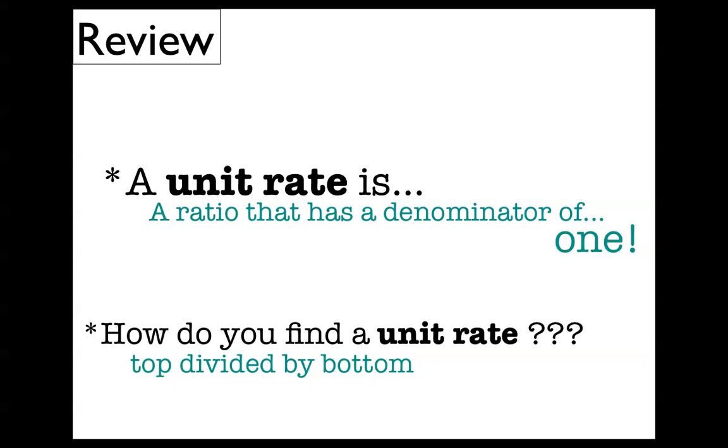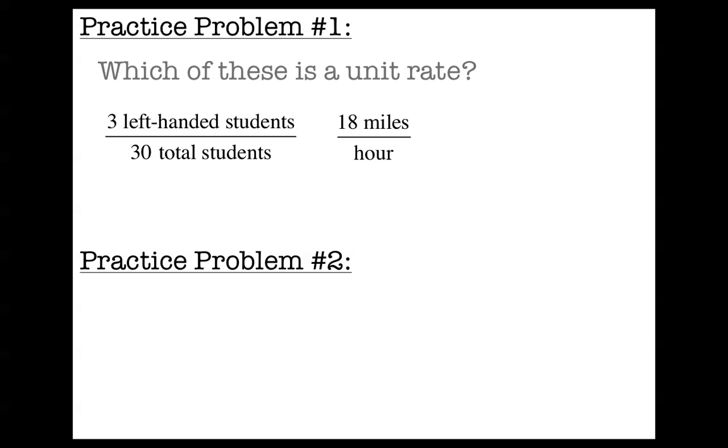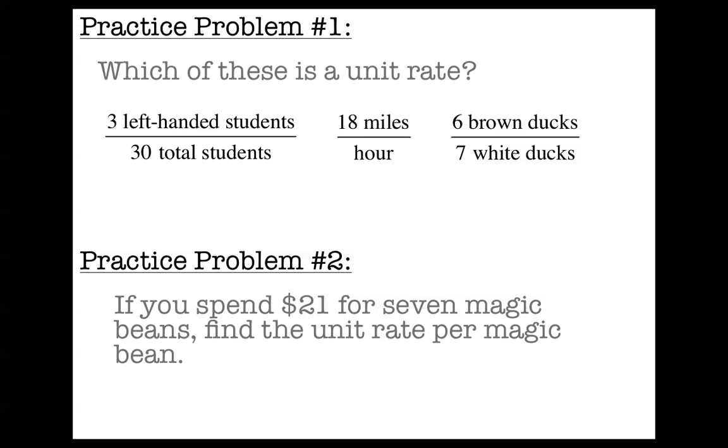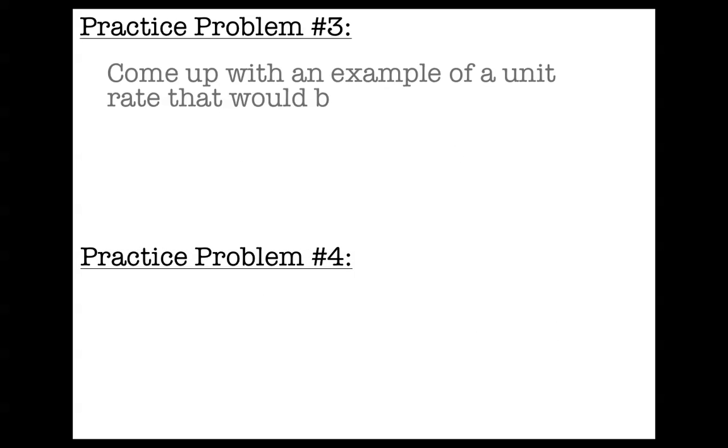So now that you know all that, let's do some work. First, which of these rates is a unit rate? Then, if you spend $21 for 7 magic beans, what's the unit rate per magic bean? Then, can you come up with an example of a different time in life when a unit rate might be useful?